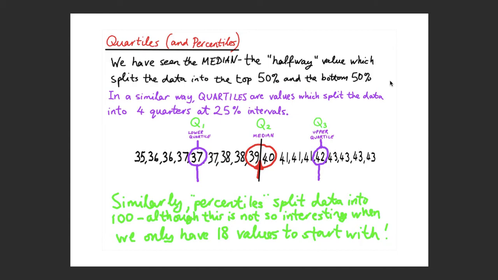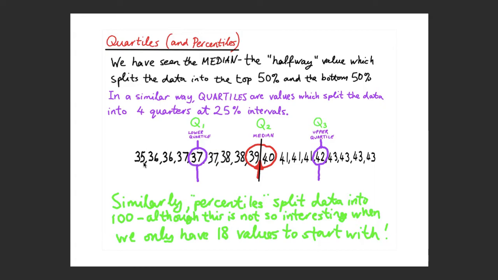Oh, quartiles and percentiles. Okay, so now it starts to get interesting. I talked about the median being the middle value. Out of these shoe sizes, the middle was halfway between the 39 and the 40, so we said that the median was 39.5. That splits the data into a bottom half and a top half.